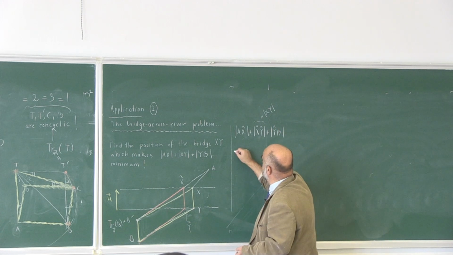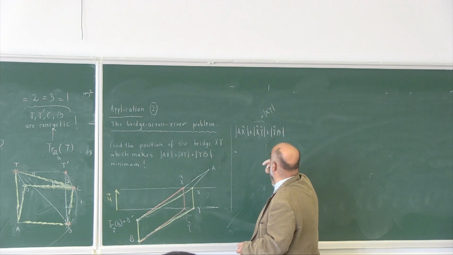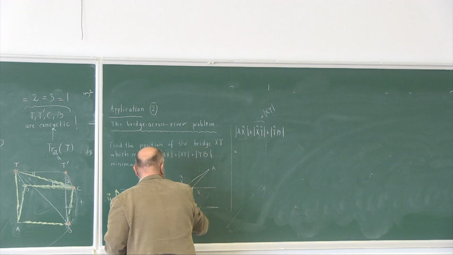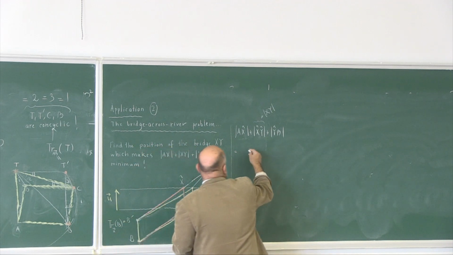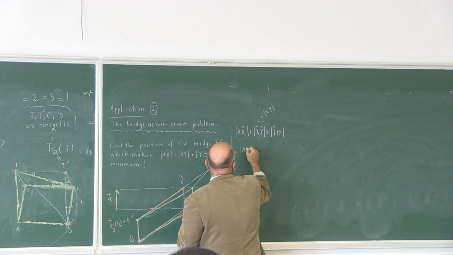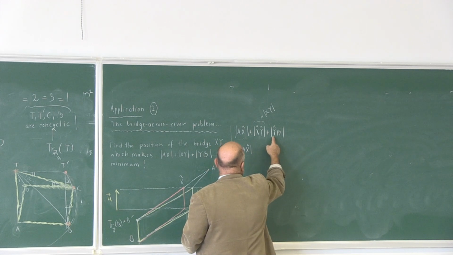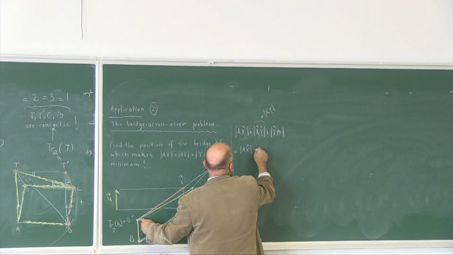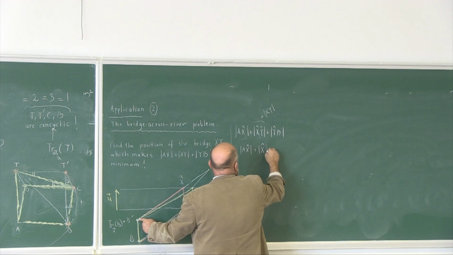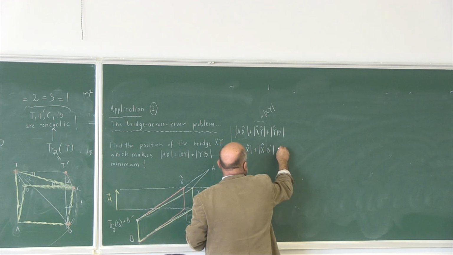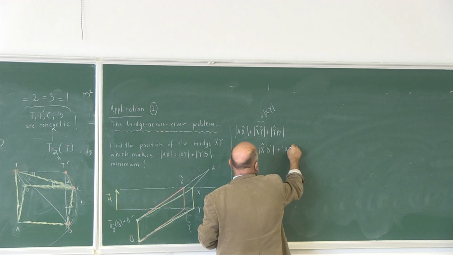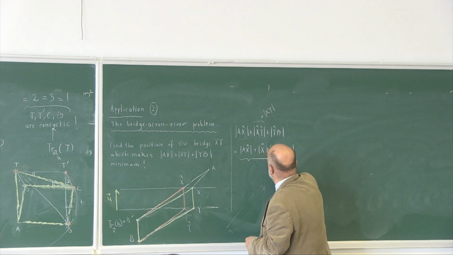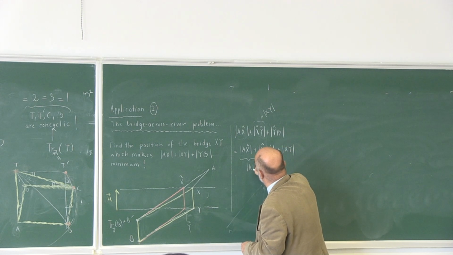So AX hat plus Y hat B, I can replace. Let's leave AX hat as it is, and Y hat B I can replace with X hat B prime. And of course, this is the same as XY, so let me replace it with XY. Good. So this object, however, is just the line segment joining A and B prime.